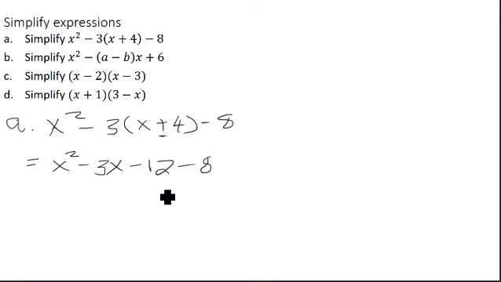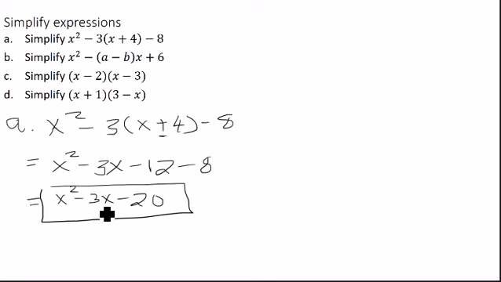Then we can combine these 12 and 8 together and get the final answer, which is x squared minus 3x minus 12 plus 8, which is 20. This is our final answer.